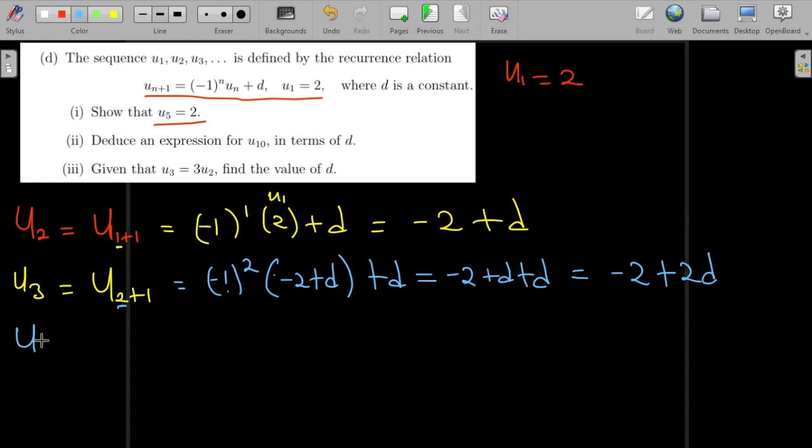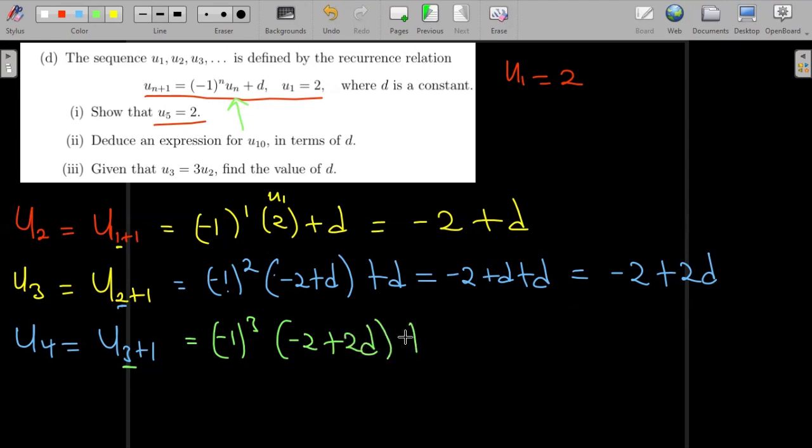Okay, what about U4? U4 is the same as U3 plus 1. So now my N is 3. So this will be minus 1 to the power 3. And then here, I'm supposed to put U3 according to this equation, right? But U3 is this. So I'll put minus 2 plus 2D, and then plus the D, which is outside here in this formula.